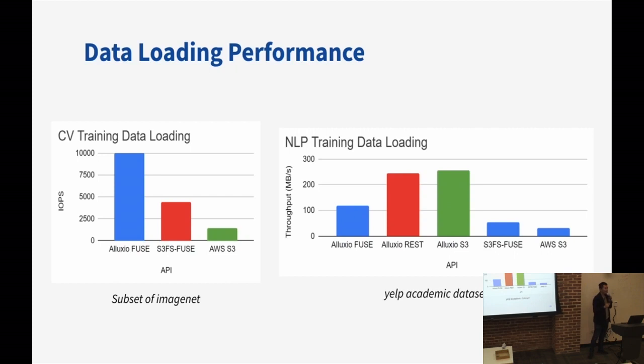So which means the throughput here is not strictly important. For most computation training work, we need to load as many files as we can. Because each file is very small, just 100K or maybe less than that. So we're talking about IOPS. Higher IOPS means better performance, means you can finish your computation training job faster.